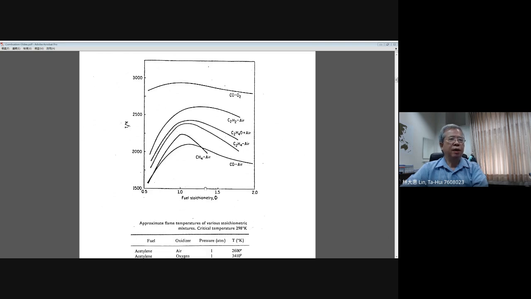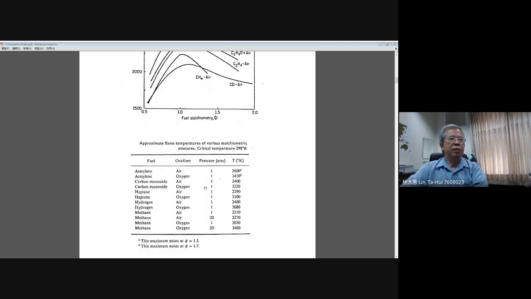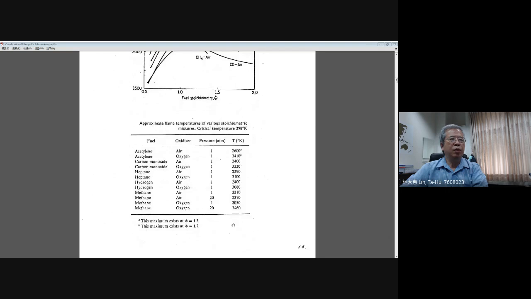I already emphasized this. And here there are some typical flame temperatures I want to show you under different conditions with different fuels. Here you can see ethylene for air and oxygen under 1 atmosphere pressure. They have tremendously different temperatures, right?